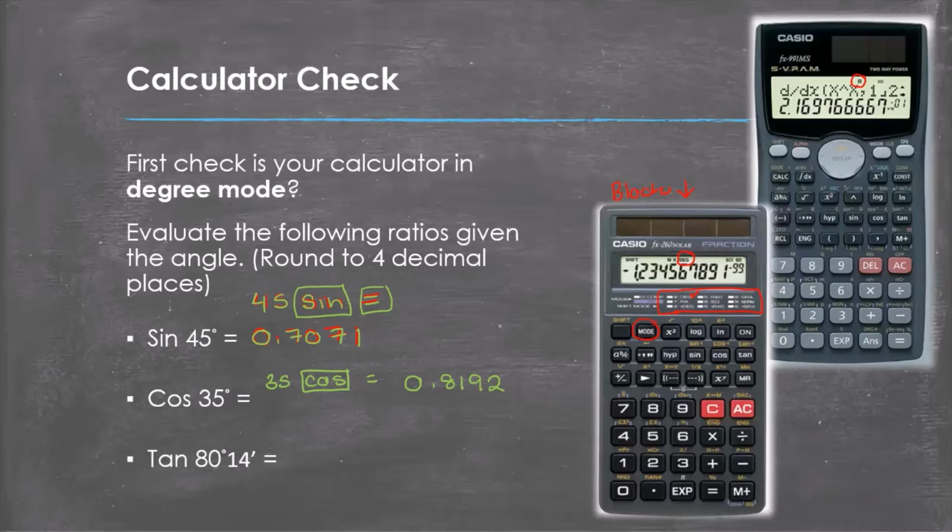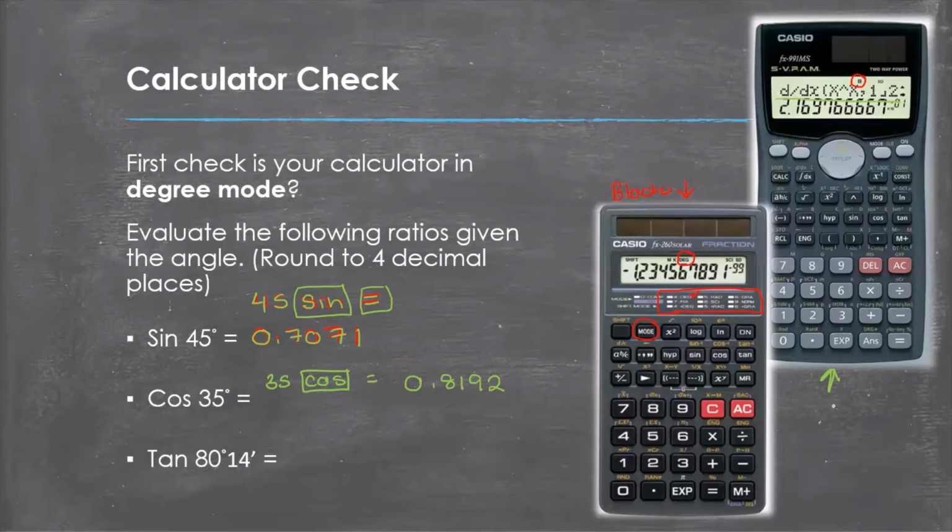So that covers your block calculator. I call this one the backwards calculator because we put the angle in first and then we press our sine button. If you're using a calculator like this one, my favorite calculator, because it has a display up here at the top, I call it the forwards calculator.